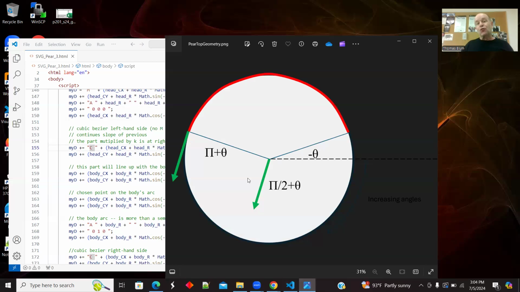And so that's what this green thing is for. So here I just made this red arc, and then I want to continue that slope. Well, then I just wanted to know the direction of the slope. So I translated that green arrow over here to the center. And I hope you can see in there that starting at this dashed line and going in the clockwise direction, this is pi on 2 plus that theta.